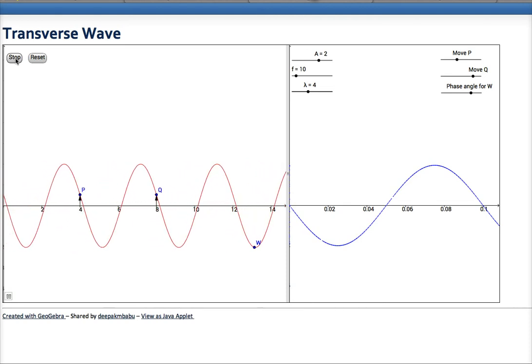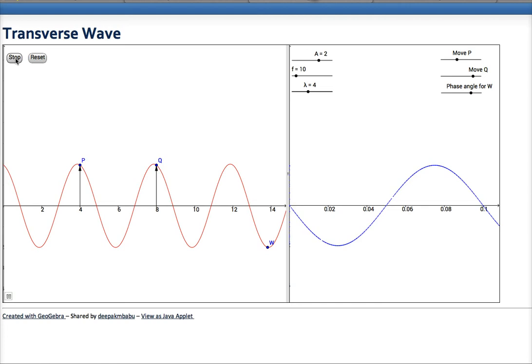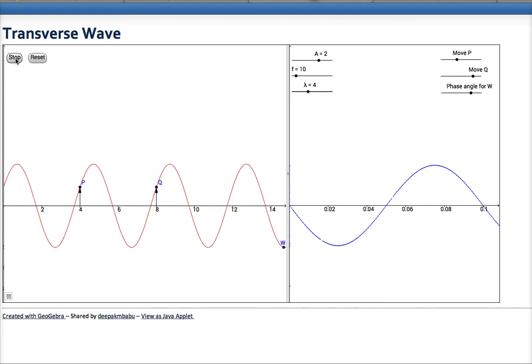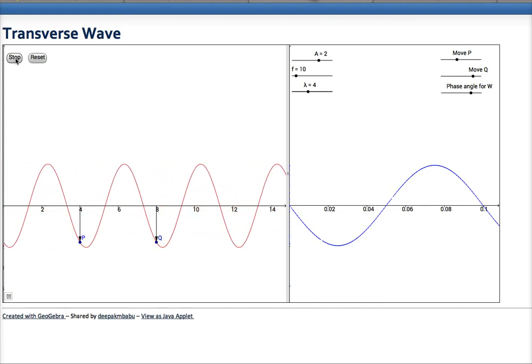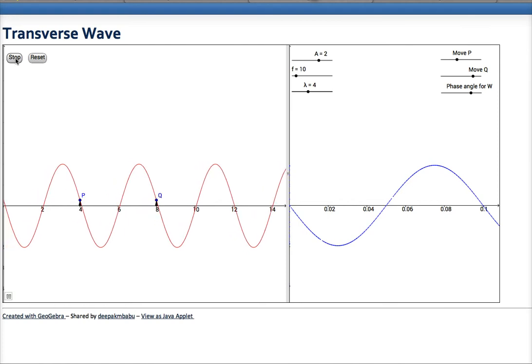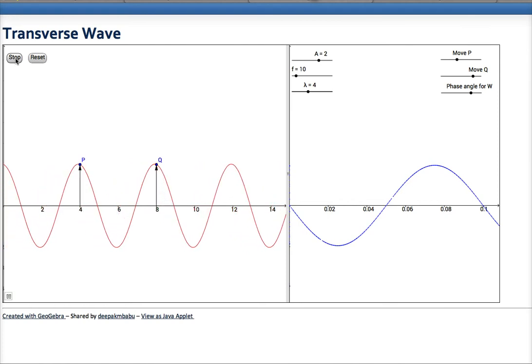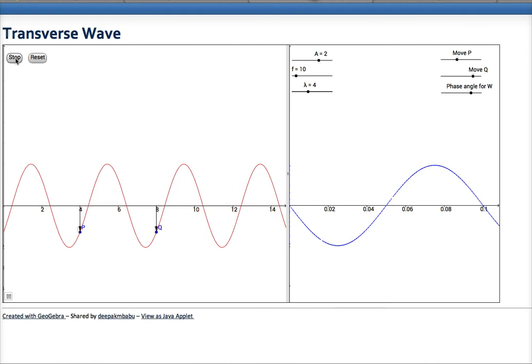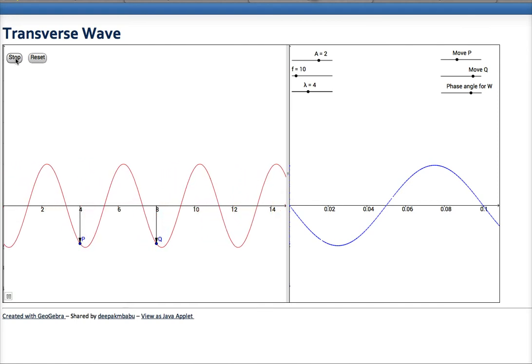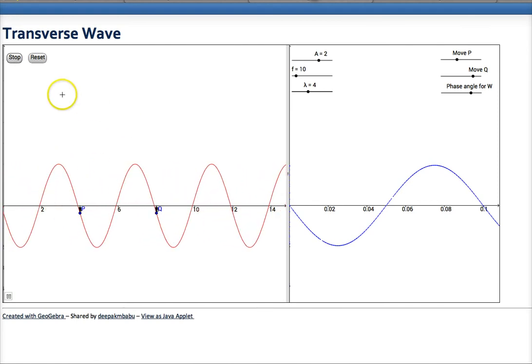At any point in time, their velocities and displacements are identical. Do we agree with this? Okay, so the particles are now in phase.